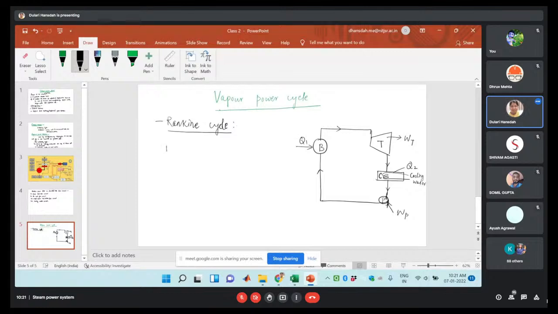So what will be the PV diagram? Actually, I'm not able to draw it perfectly.